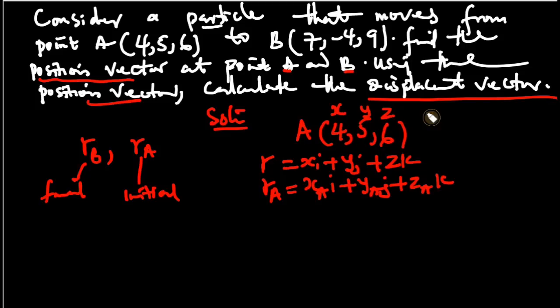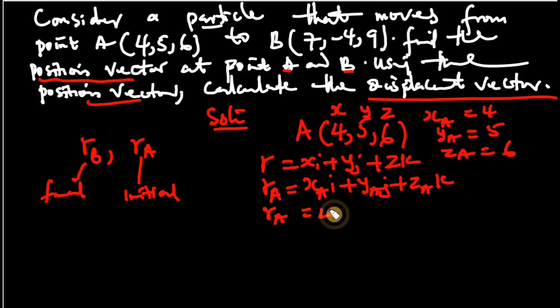You now notice that XA will be 4, YA will be 5, and ZA will be 6. So that we have that RA is 4i plus 5j plus 6k.